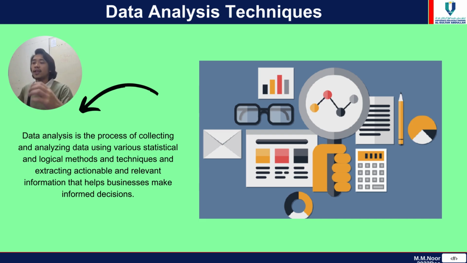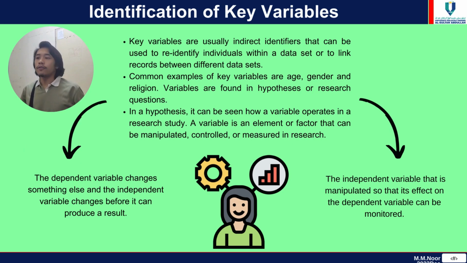Okay, and we're extracting actionable and relevant information that helps businesses make informed decisions. Okay, key variables are indirect identifiers that could be used to re-identify individuals within a data set or link records between different data sets. Common examples of key variables are age, gender, and religion.